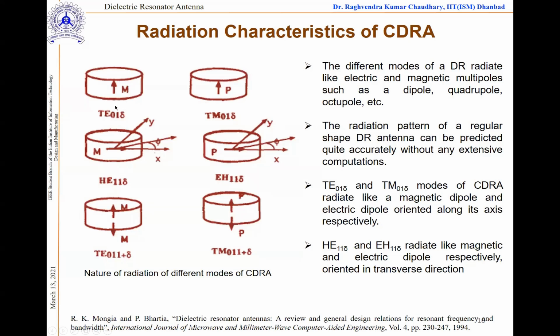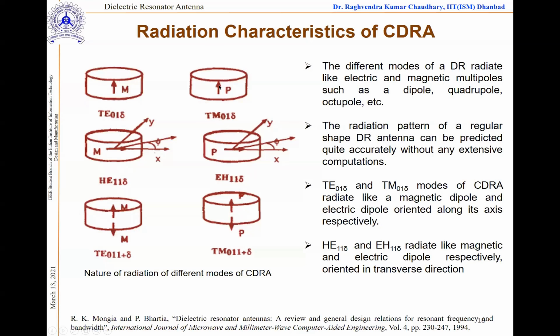So first, let us know these things. Here we have the TE01 delta mode. What he is saying is that this acts as a magnetic dipole, whereas the TM01 delta acts as an electric dipole.